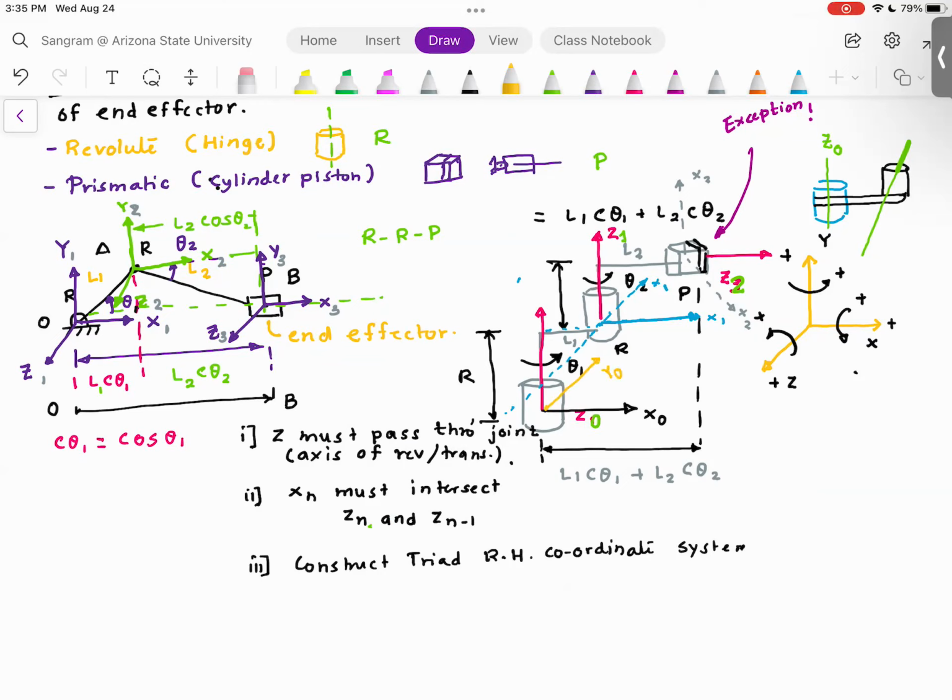Then I have x1, I have z1, so my y1 needs to go out like this. And I'm not going to construct the triad for this, because as you can see, my rule number 2, unfortunately, is not currently satisfied.